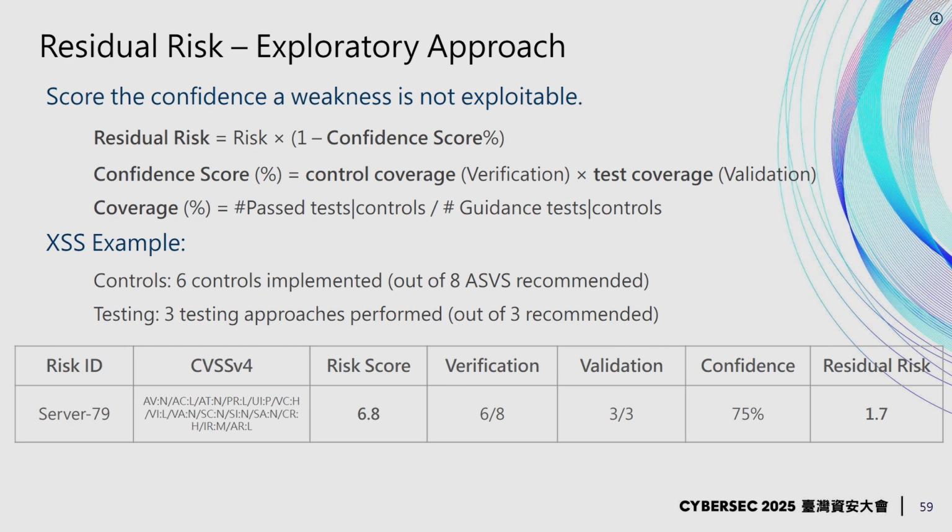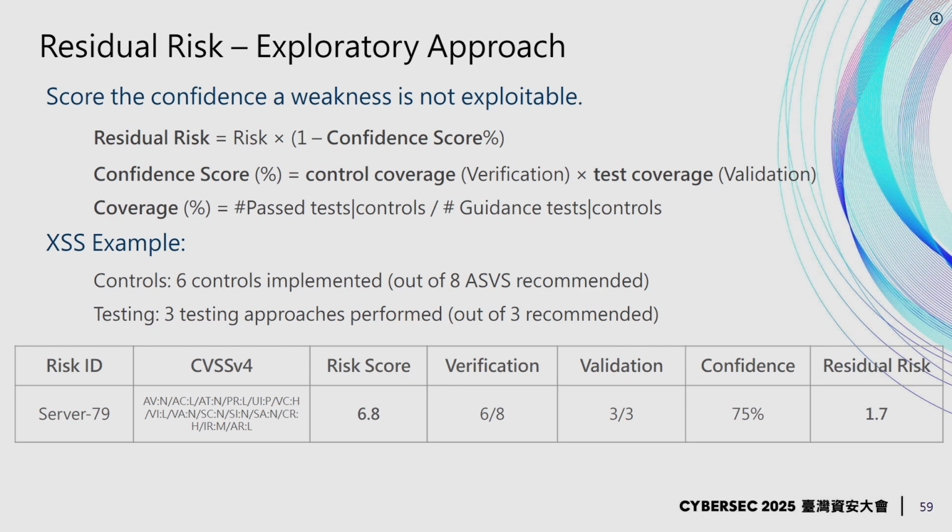The idea is to calculate a confidence score that this weakness is not in your software. To calculate this score, one potential way is to benchmark the controls that you implemented against all the benchmarks proposed by the knowledge base, and to perform the same for the testing activities.